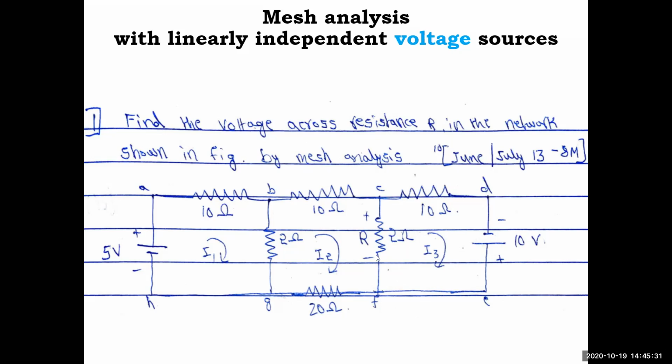Then using the formula (I2 minus I3) into R, you find the voltage across the resistor, and 20 into I2 gives the voltage across the 20 ohm resistor. I will also show you a small video of how to calculate using the calculator. A DC network calculator is sufficient here, so it's not difficult. We'll see that in the next step.